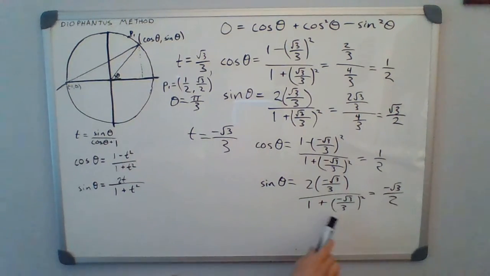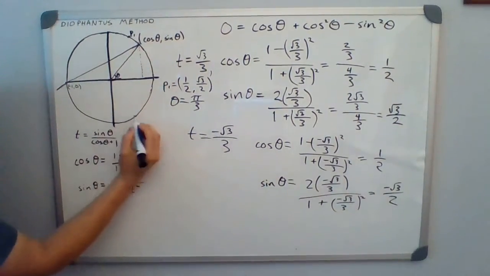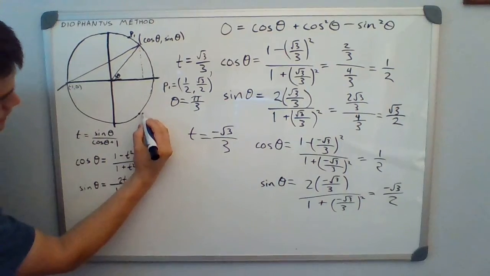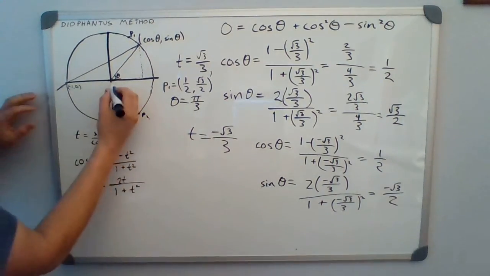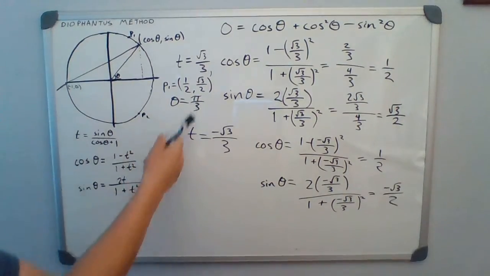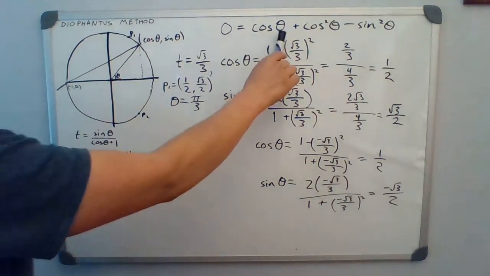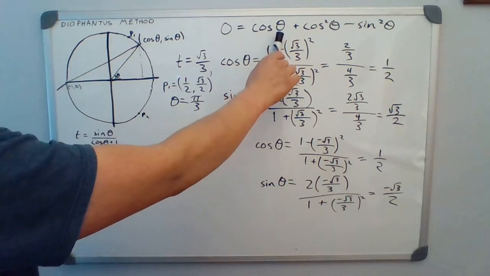And we know that because the only thing that's changed between there and there is the negative. So we know it's going to be negative. So the next solution is going to be this one right here. See, that's P2. And the corresponding theta value for P2 is negative pi over 3. So those are the two thetas that we can plug in that will solve this.